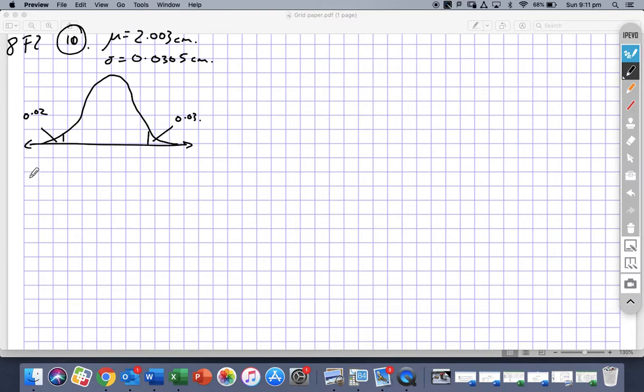So if I said let y be the number of tokens that don't operate the machine, the p-value there will be 5% because that 2% are too small, that 3% are too big.